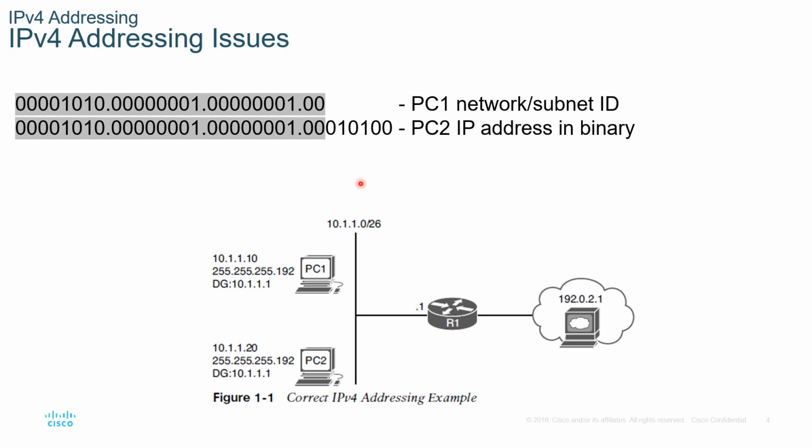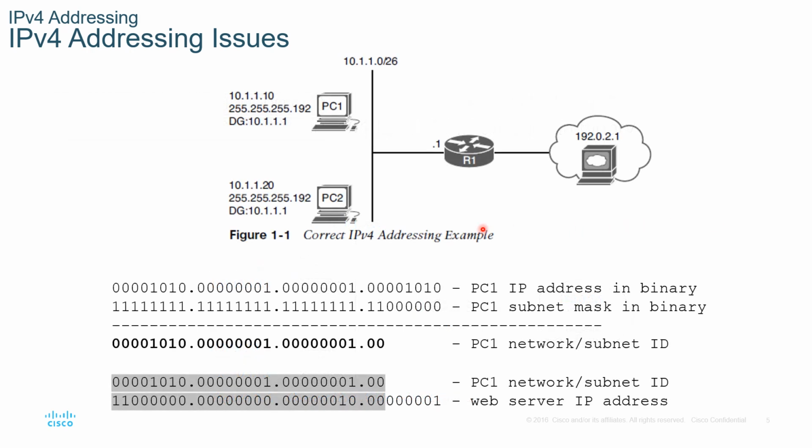Because the binary bits are the same, PC1 concludes that PC2 is in the same network or subnet. That means PC1 can communicate directly with PC2, and it does not need to send the data to its default gateway. So PC1 creates a frame with its own source MAC address and the MAC address of PC2 as the destination.